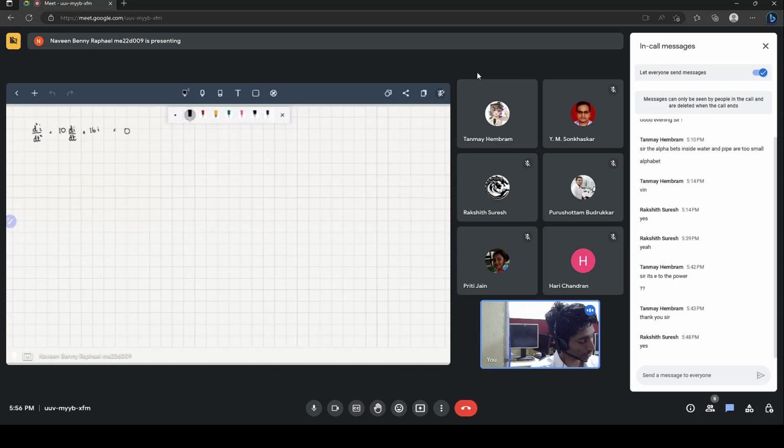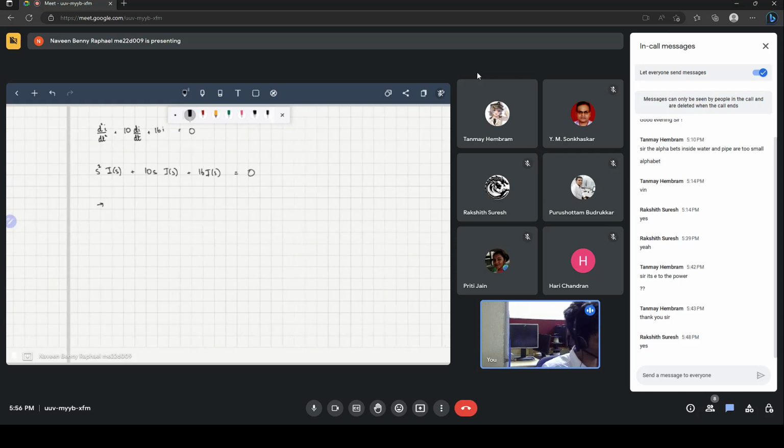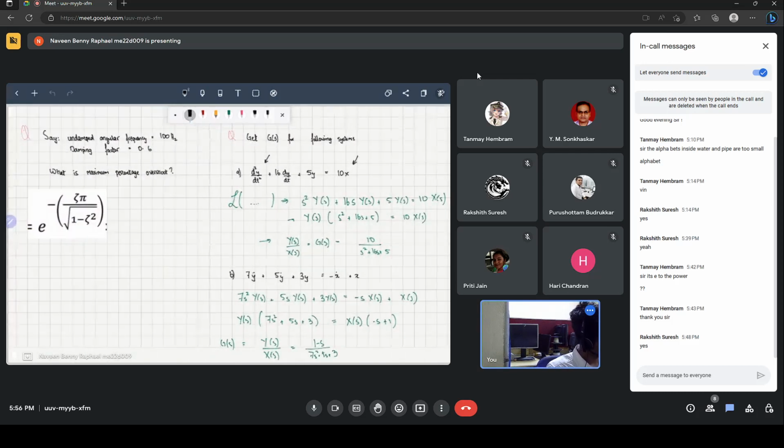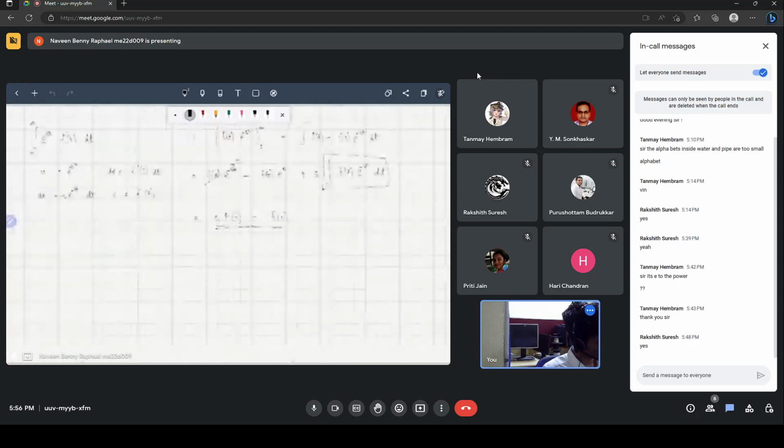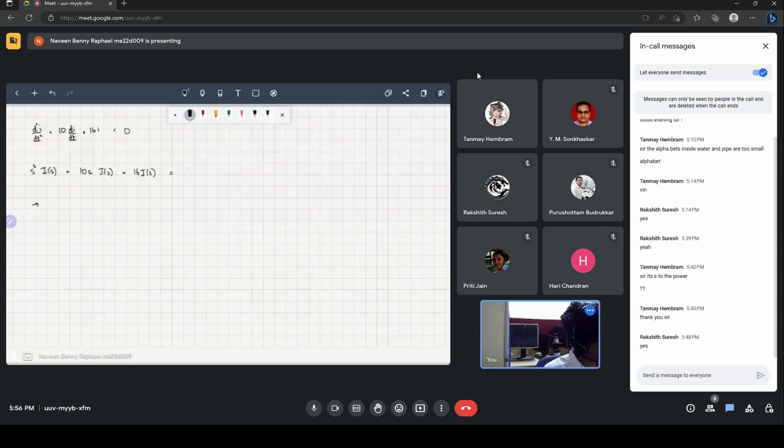So if you're taking a Laplace transform of this, we get s square I of s plus 10s I of s plus 16 I of s is equal to 16. So that gives us I of s is equal to 16 by s square plus 10s plus 16.